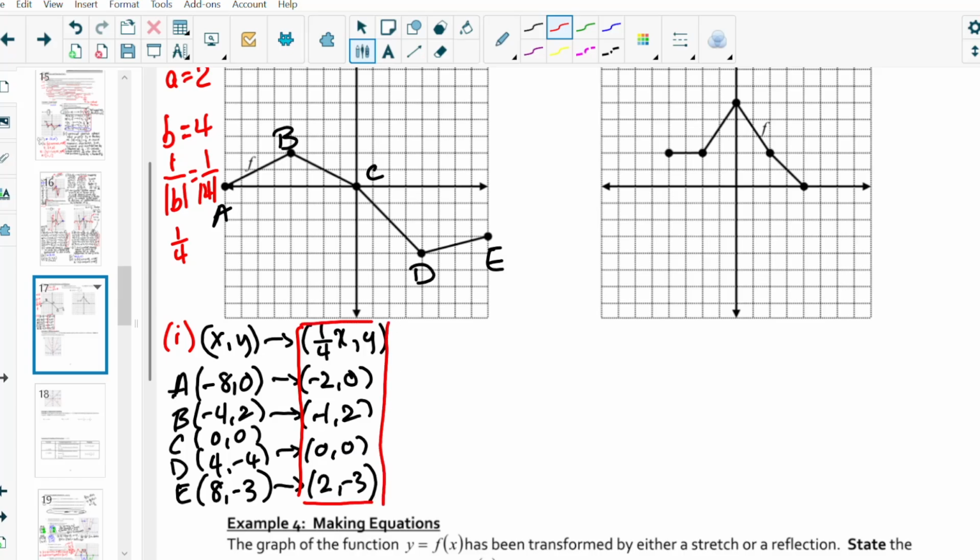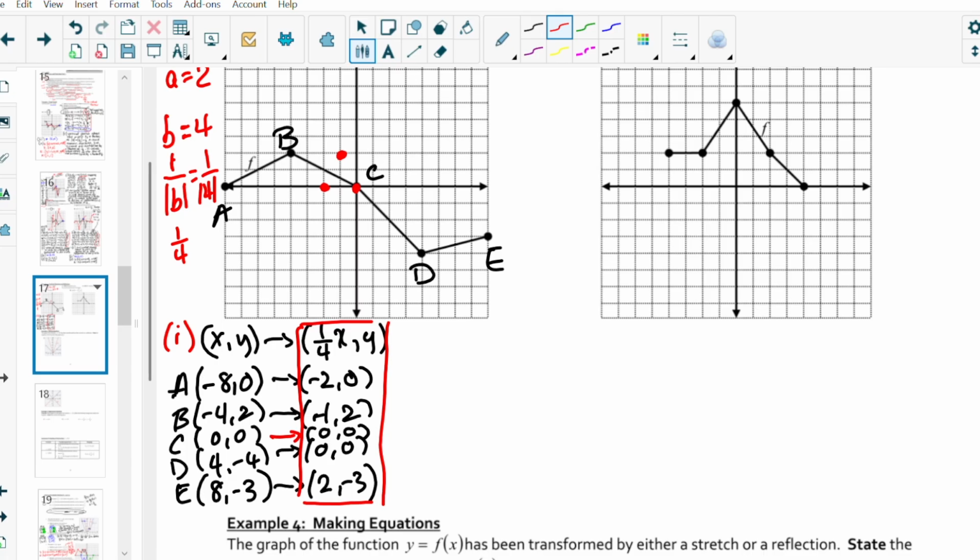Okay, so I have negative 2, 0, negative 1, 2, 0, 0. Oops, totally forgot this one here. Sorry about that, folks. That's going to stay 0, 0. Okay, so that one I missed.